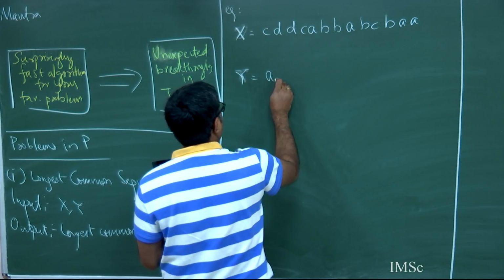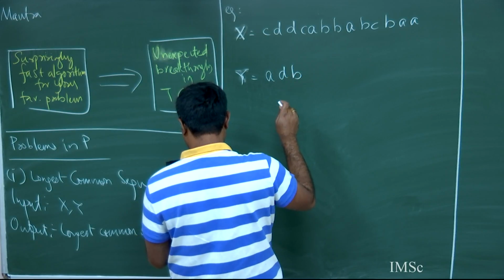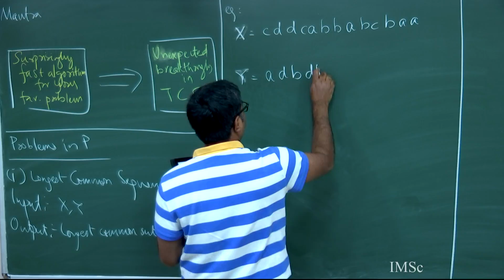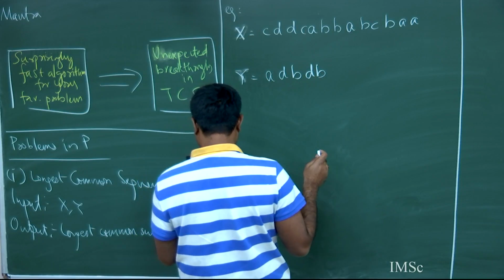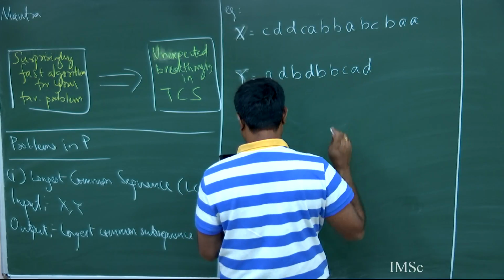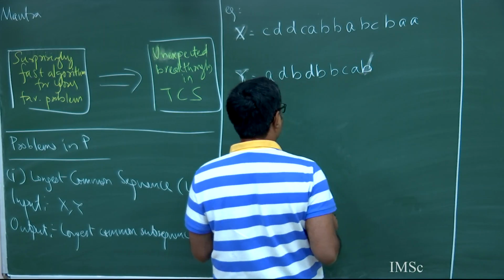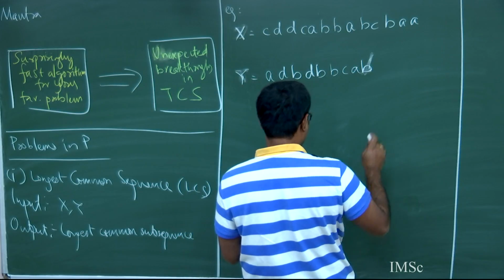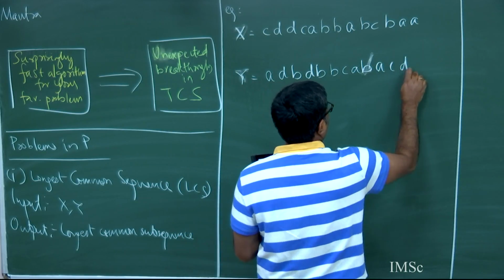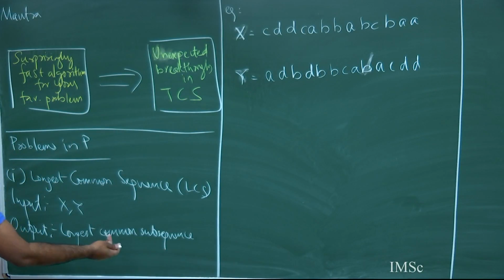And now I have another string A, D, B, D, B, B, C, A, D, B, C, A, B, A, C, D, D, right? Suppose I have these two strings and I'm looking for a longest common subsequence.